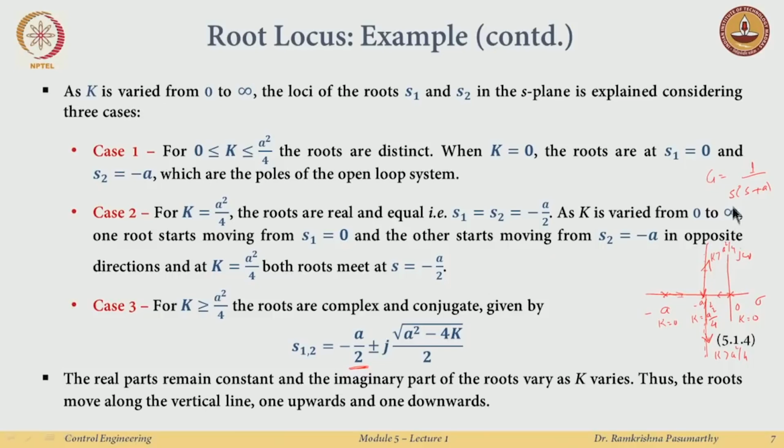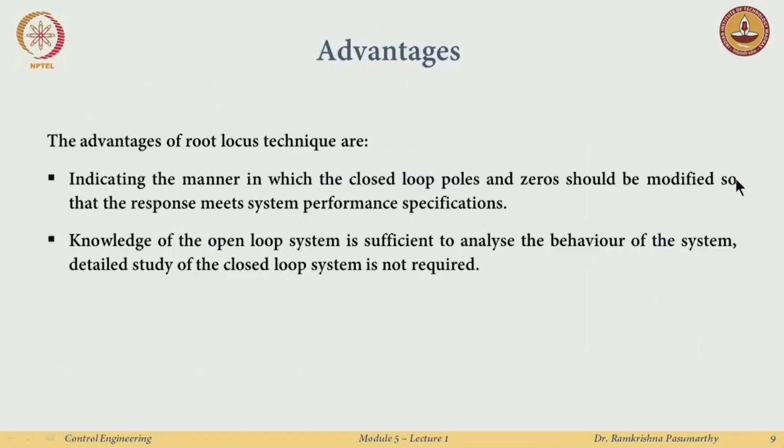Just by looking at these two, I start with the open loop poles, and these are all the closed loop things now. As k increases, I am already in the closed loop, and then I see how the closed loop poles are modified starting from the open loop poles. So, I just need to know how the open loop system looks, and I can do a good study of the closed loop system. I do not really need to compute the closed loop poles and then analyze things and so on.